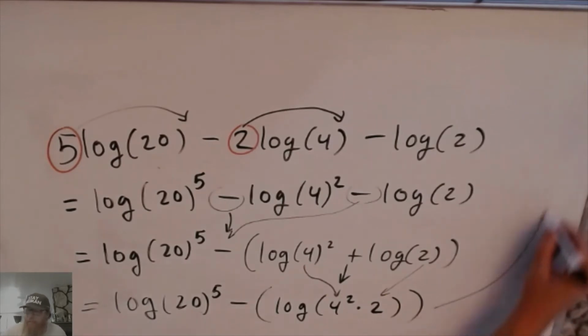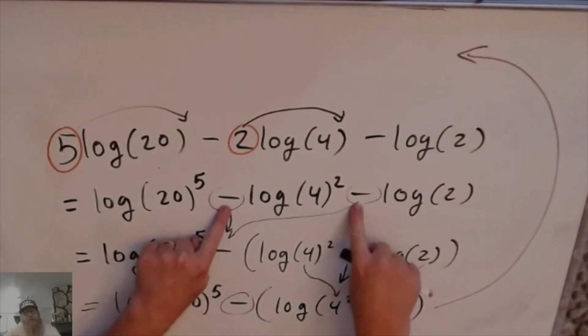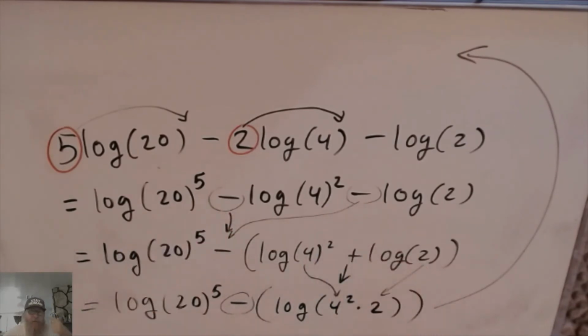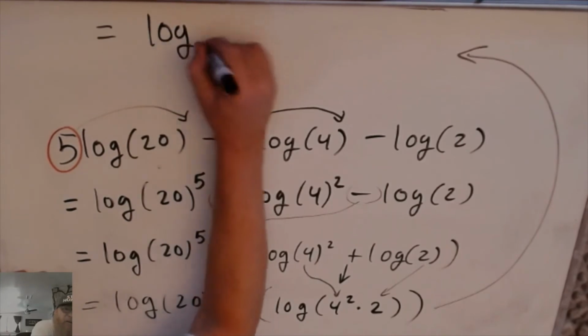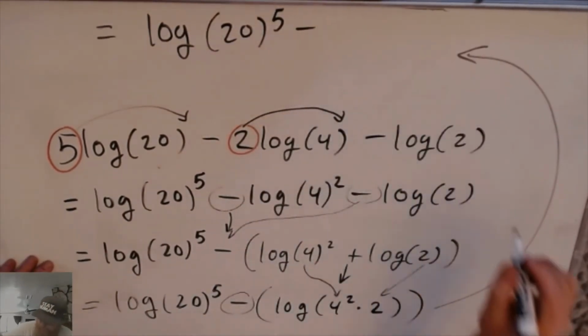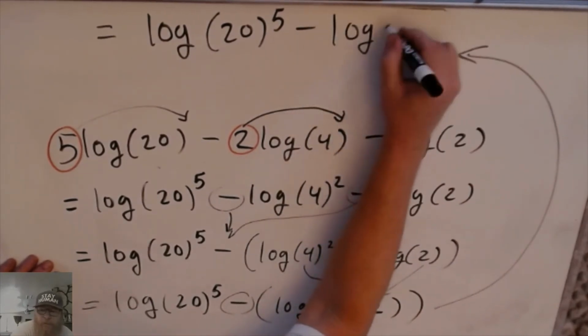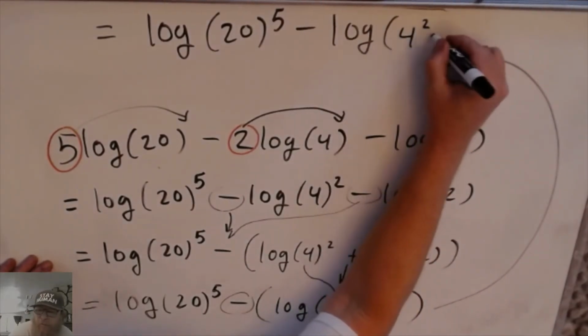And then now we only have one quotient instead of having 2 quotients, which would have gotten very confusing had I not done that trick. So now I've got log of 4 squared times 2. I'm just going to leave it as 4 squared times 2.